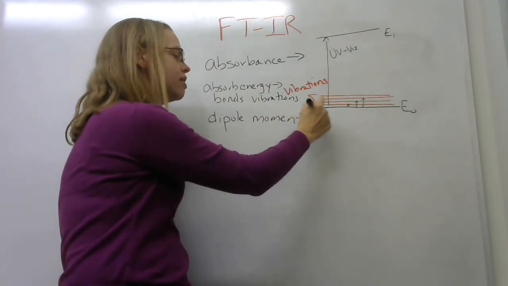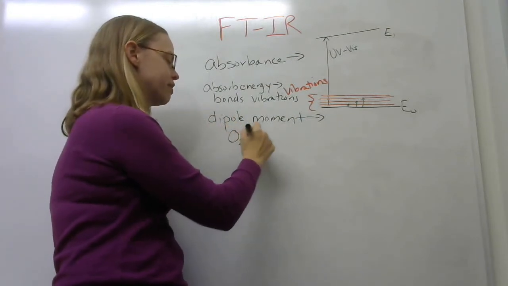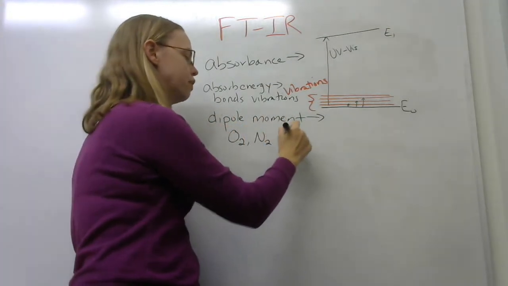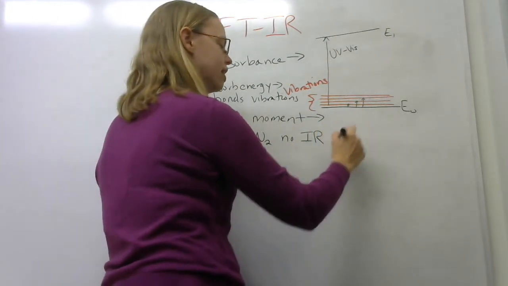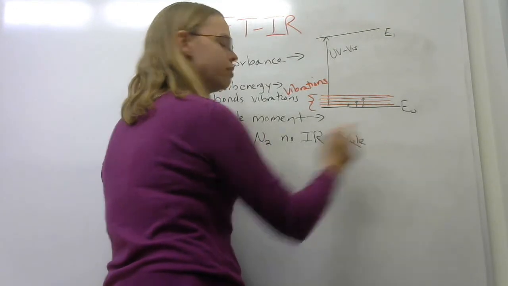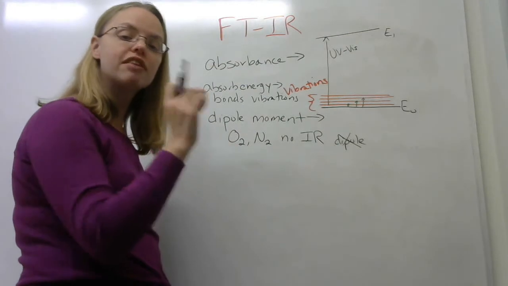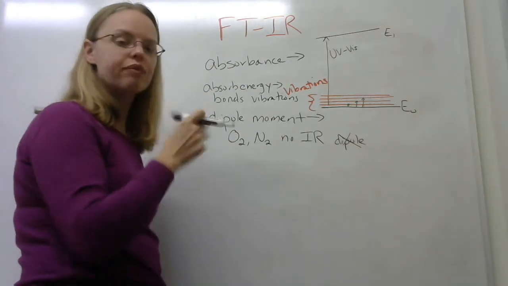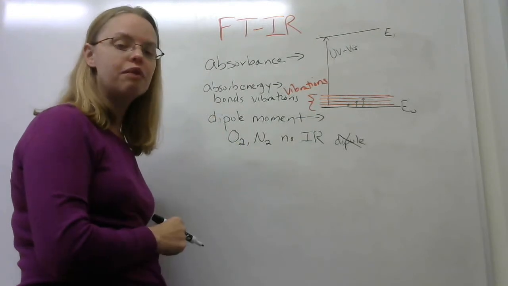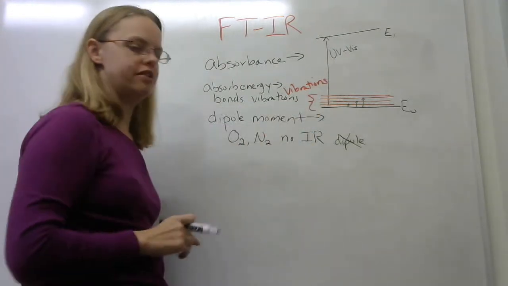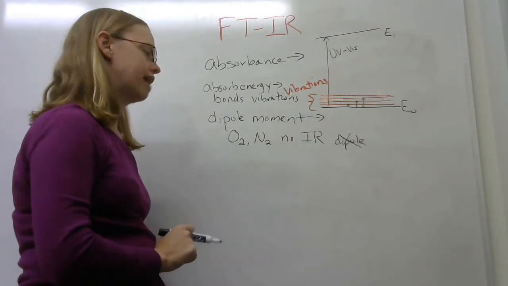And so things that don't have a dipole, things that are symmetrical like N2, O2, etc., have no IR because you can't get this change in the dipole. That doesn't happen. But most of the molecules have some sort of bond that has some sort of dipole to it. The electrons are not shared evenly, and so we can get things into vibrational states. And so most things are IR active.